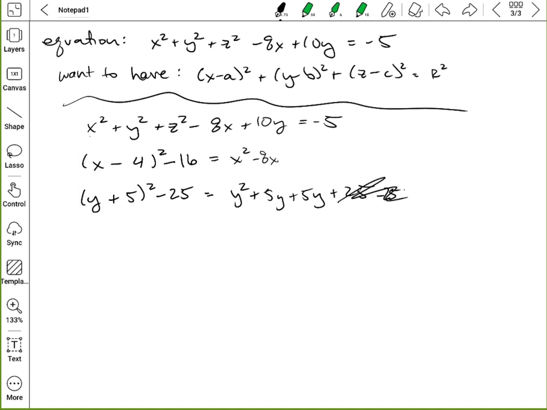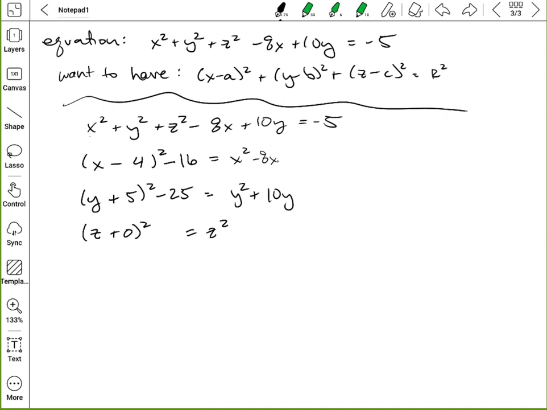Those last parts we don't want cancel out, and we just have the y squared plus 10y we were trying to match. So that part matches what we need. And then the z squared, there's no z term, so we don't have to do anything special there. So just z plus 0 squared is z squared.